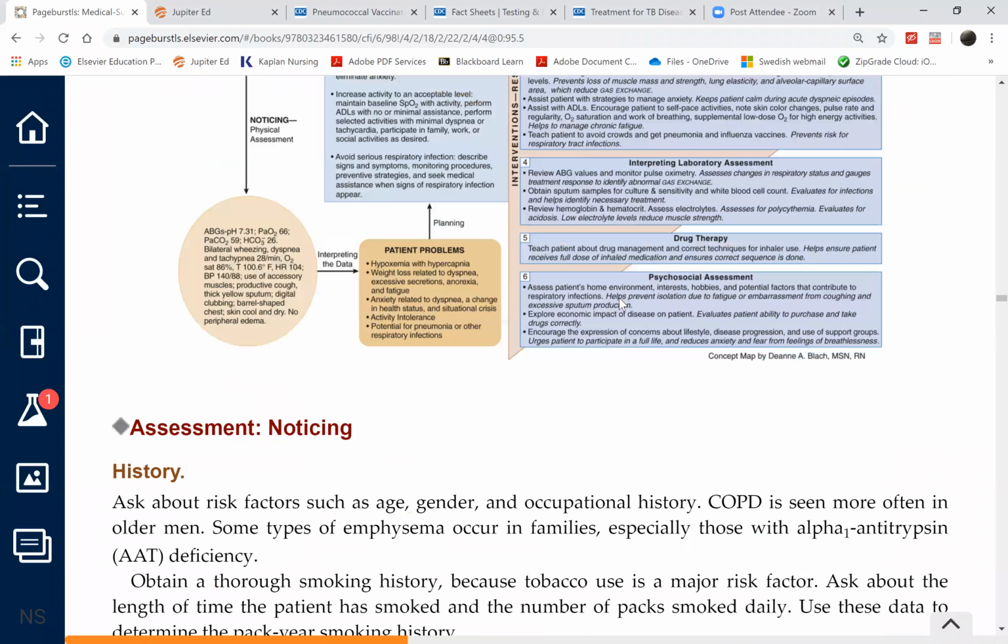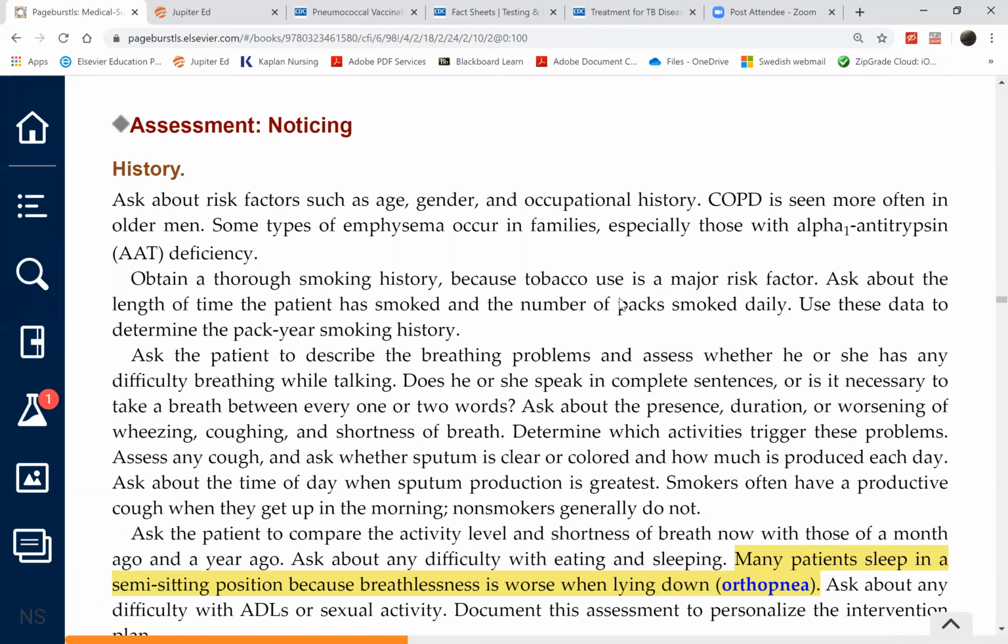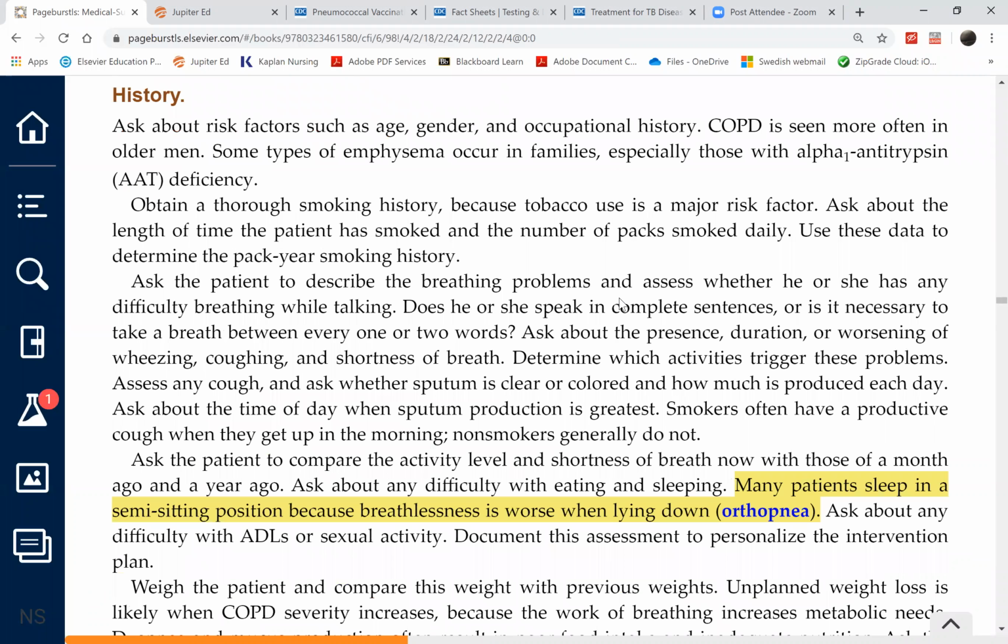Now, on the exam, you need to distinguish between expected signs and symptoms of COPD because this is a chronic condition. So day to day, you are expected to see, quote unquote normal. Well, let's not use the word normal.